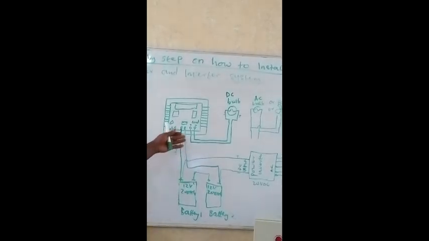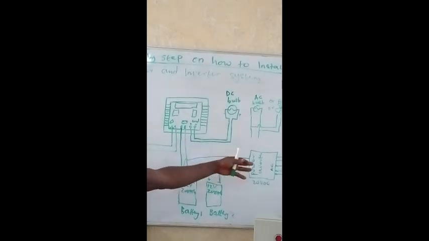So that the moment this cuts off, the moment there is no power from here, it will pick from here, convert it, and supply to the appliances.